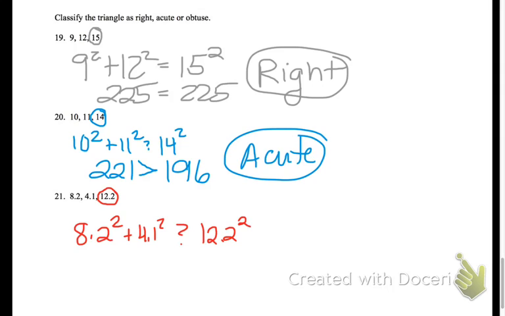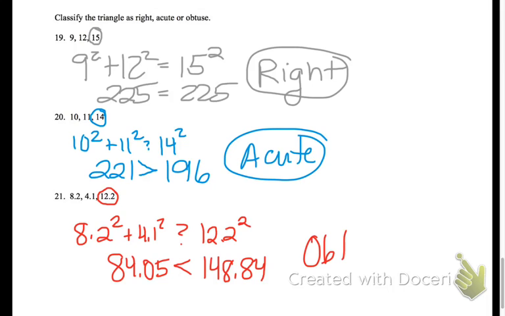Well, our 8.2 squared plus 4.1 squared is 84.05. 12.2 squared is 148.84, and that's the greater value. So no big surprise, our first example was a right triangle, second example an acute triangle. When the longest side squared is greater than the other two squared and added together, of course we have an obtuse triangle.